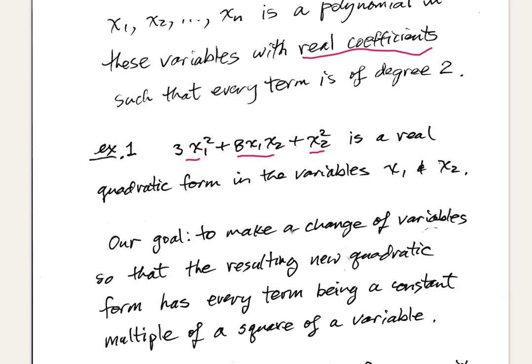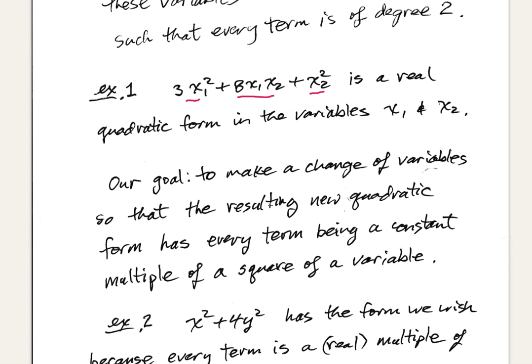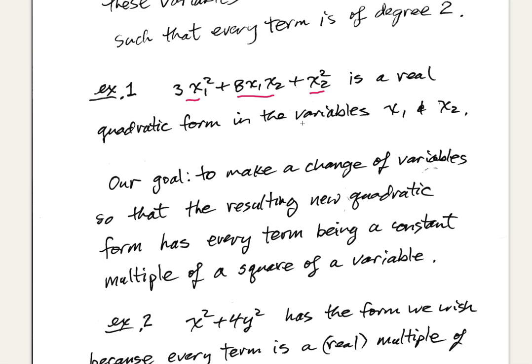Our goal is to make a change of variables in a real quadratic form, so that the resulting new quadratic form has every term being a real constant multiple of the square of a variable. So we want to rewrite things so that we've only got squares of variables. Terms like x1 x2 would not be acceptable.